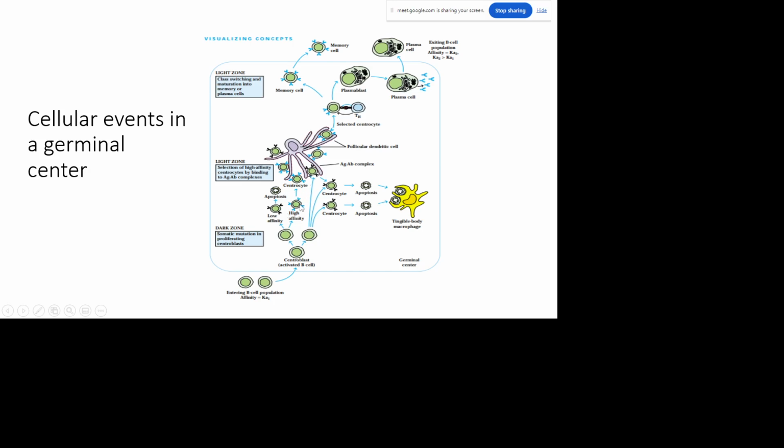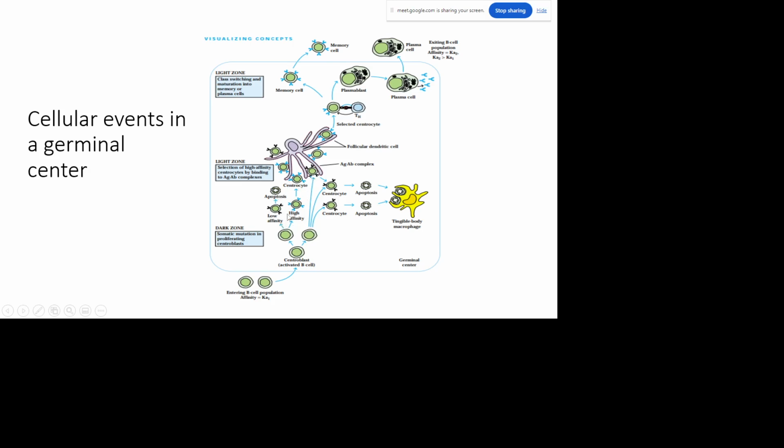So it will be known as a centrocyte, and it will migrate to the light zone. In the light zone, there is a follicular dendritic cell which will present the antigen, right? Now when these B cells come, they will form an antigen-antibody complex.